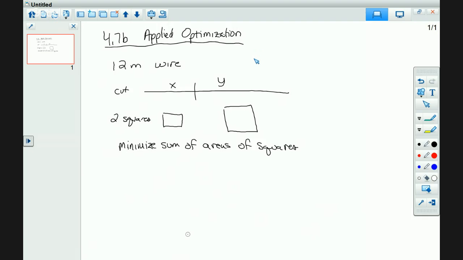So what's the first equation I can use? Yep. There's your constraint equation. Remember that word from yesterday. Now, based on x, what are the side lengths here? x over 4. 4 sides to a square, they're all the same.